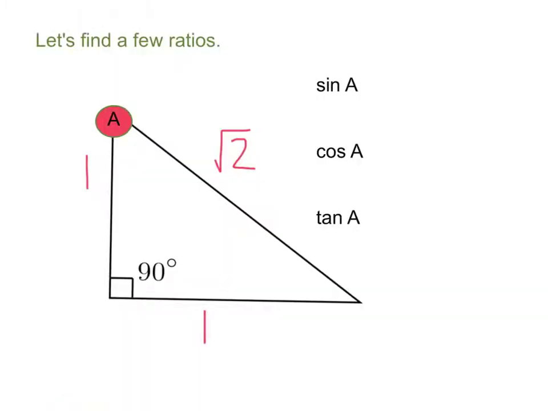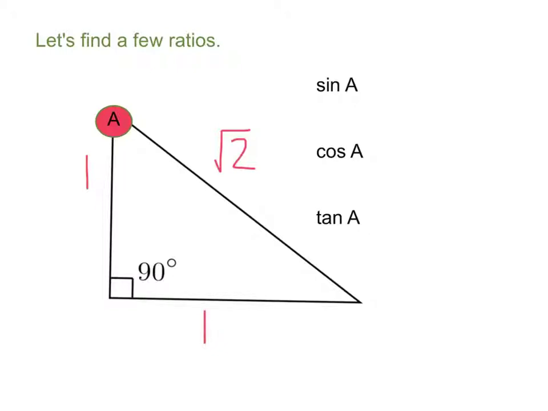All right, let's actually get to work trying to find some ratios. I've given you a right angle triangle with a reference angle called A, and I've given you side lengths 1, 1, root 2. When we're finding side lengths of right angle triangles, we always use Pythagoras to find the missing side, so that's why everything is still in its square root, and I would prefer it to be in that form. So let's go ahead and start with our basics.